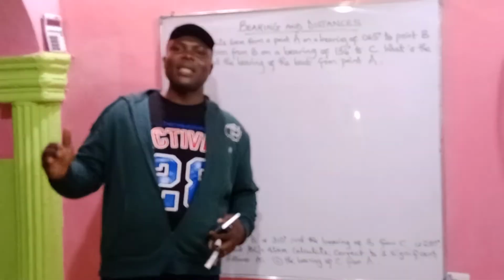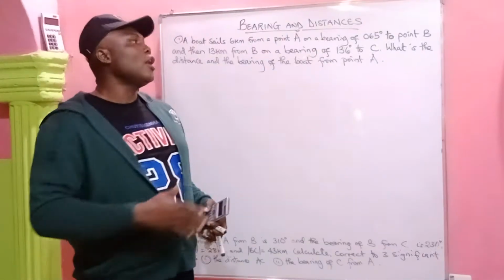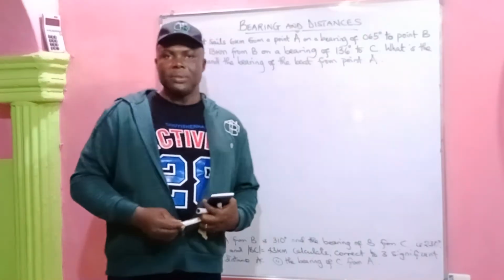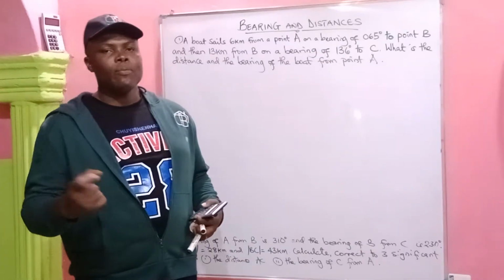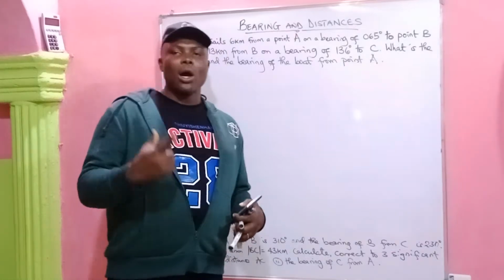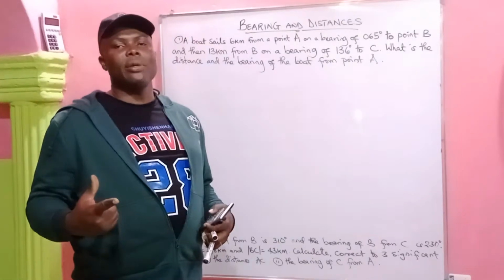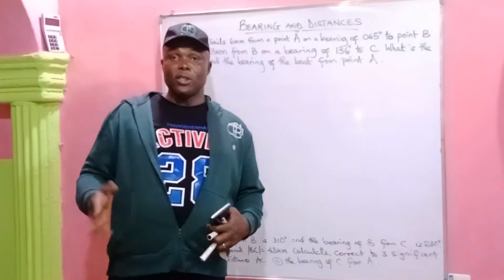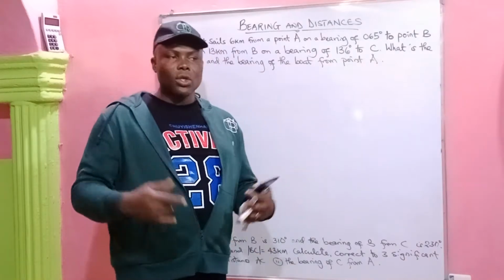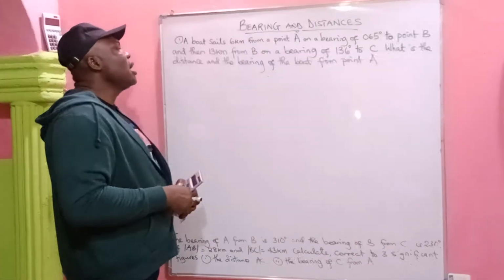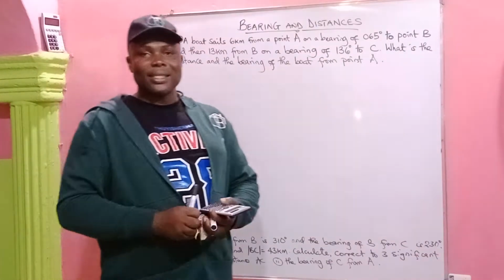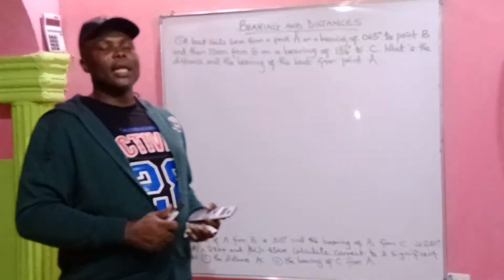Without sine and the cosine rule, in most cases, you won't be able to solve bearing problems. In very rare cases, you need SOHCAHTOA or the Pythagoras theorem to solve bearing problems, but it's in rare cases. So see how we can solve problems that involve bearing and distances, mostly using the sine and the cosine.